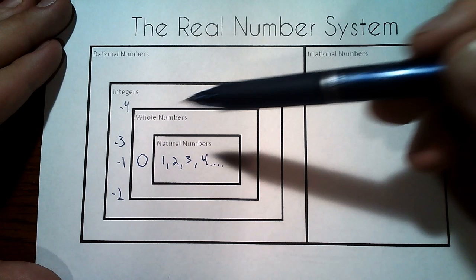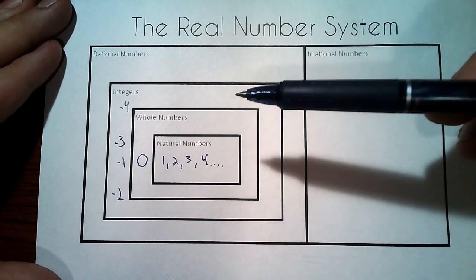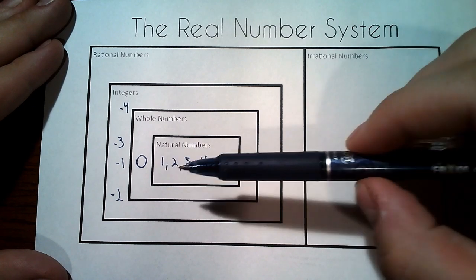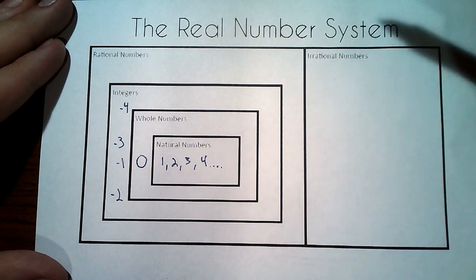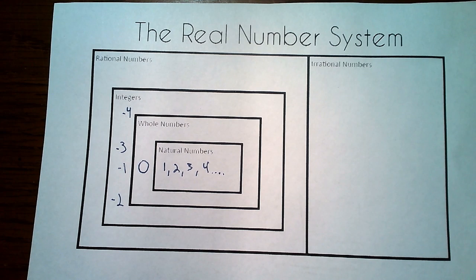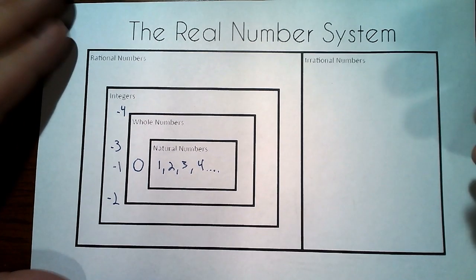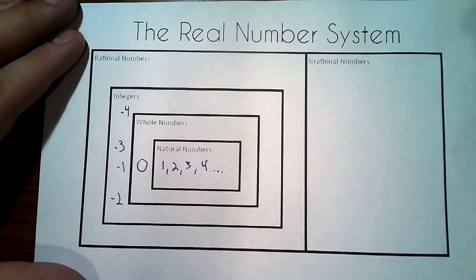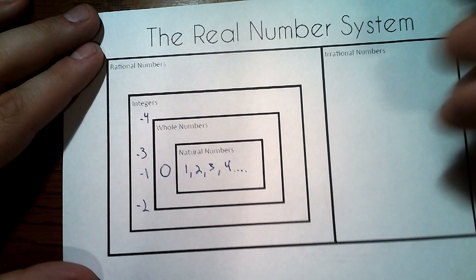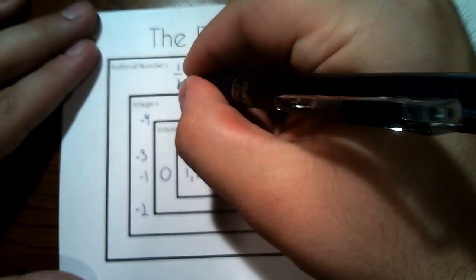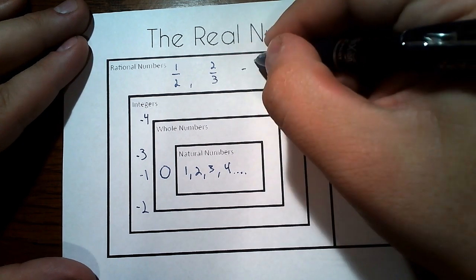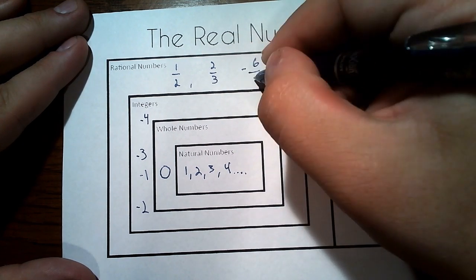And then, as the history of numbers progressed, they had to think, well, what happens if I don't exactly have 1 of something, or 2 of something, or 3 of something? How can I represent that? And that's represented by, as you know, a fraction. A fraction is a part of a whole. So rational numbers are those fractions, like 1/2, 2/3, -6/4.